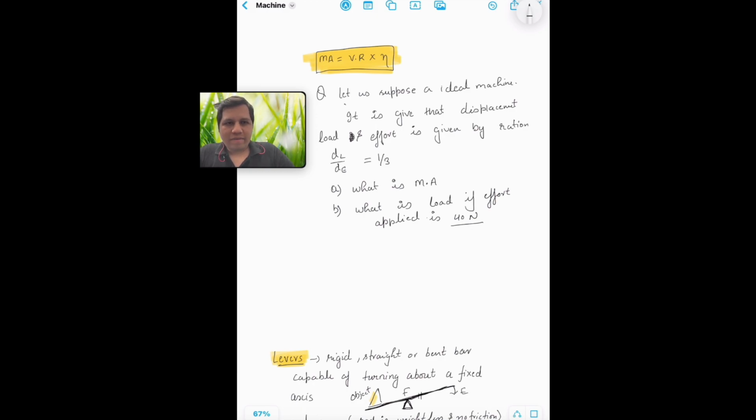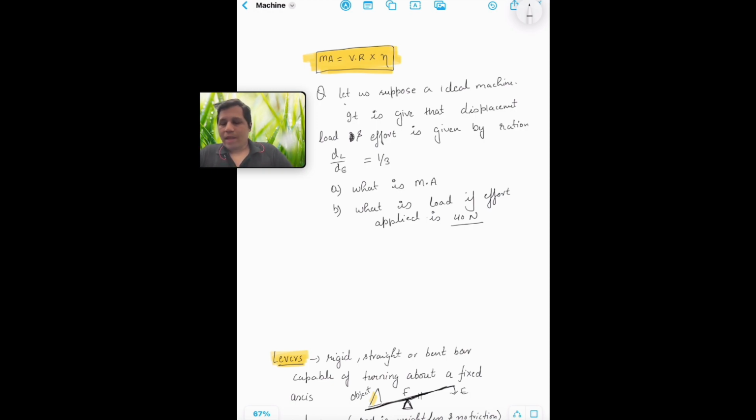So, last time I gave you a question: suppose you have an ideal machine, and it is given that the ratio of load to effort is given by this ratio.